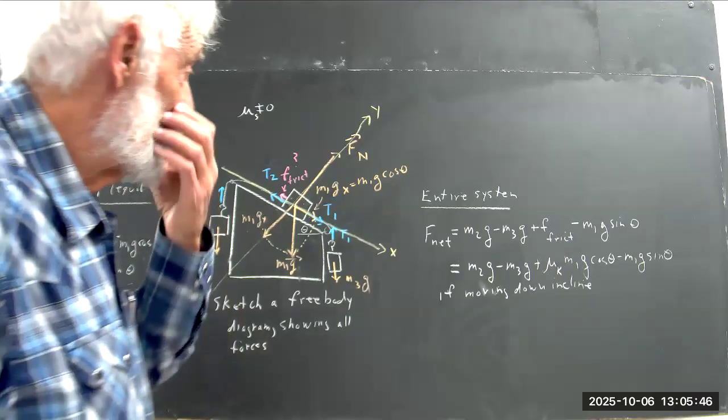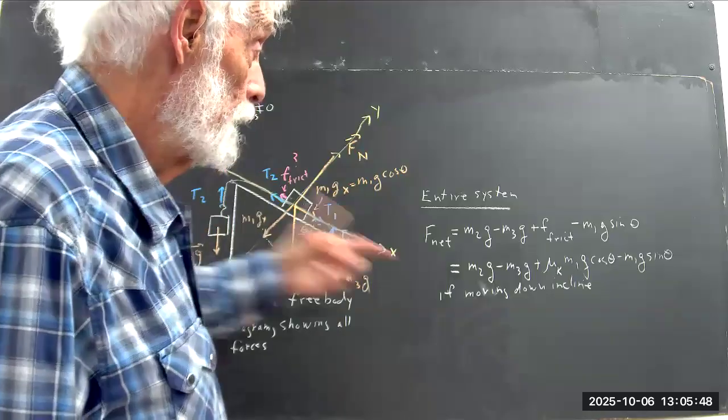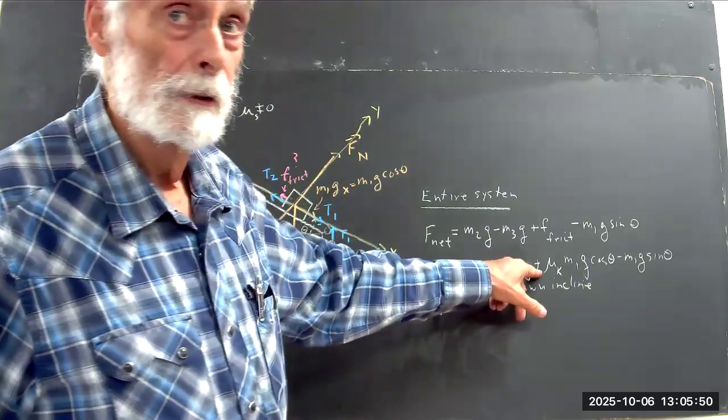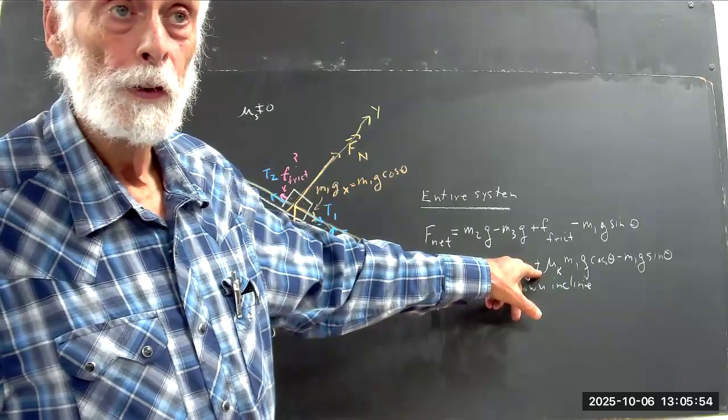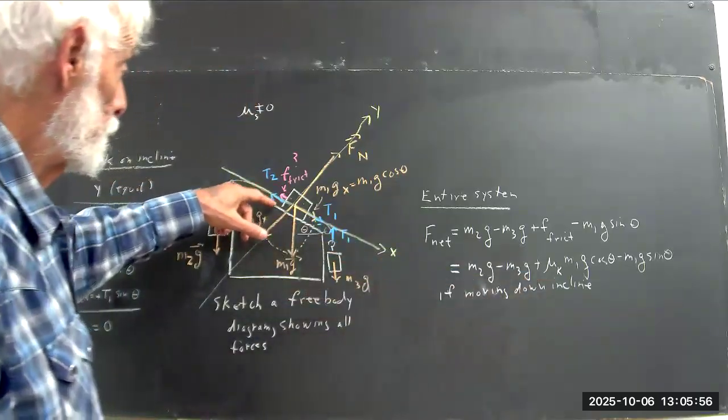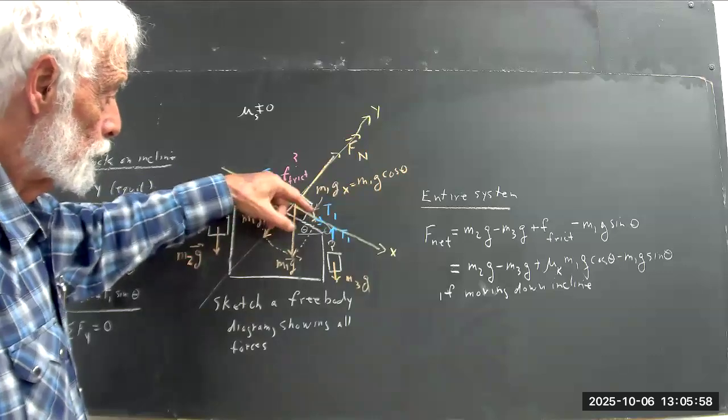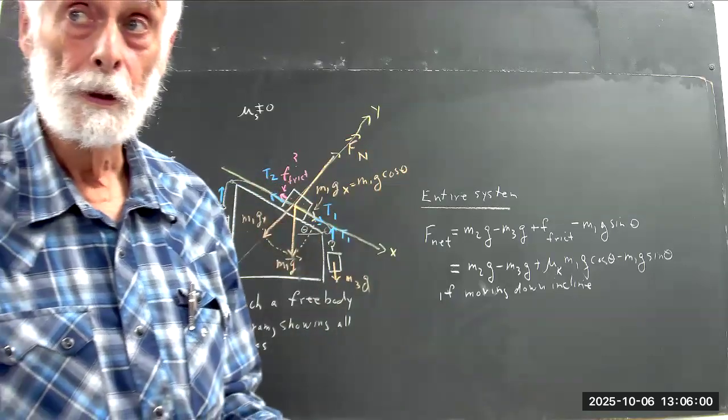Okay. If you know it's moving up the incline, then the sign here would change. The friction would be in the opposite direction.